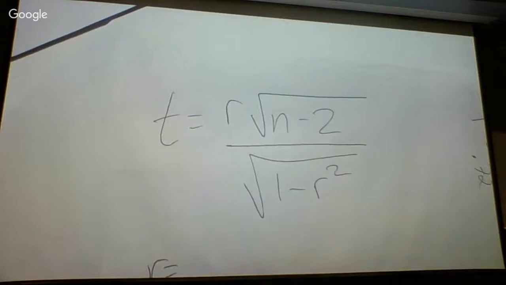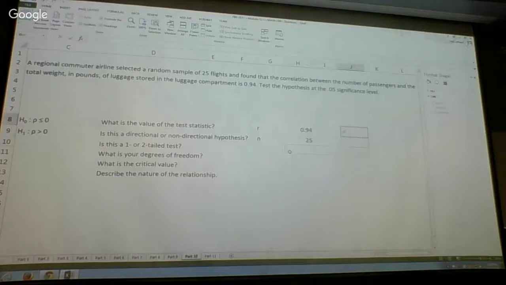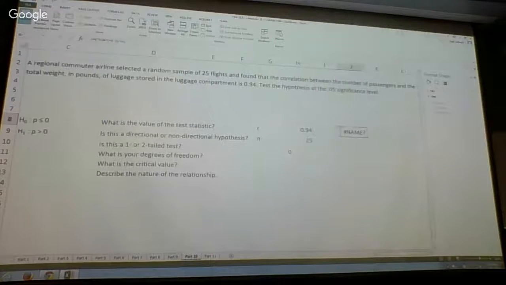I'm going to use this formula to calculate my test statistic T, otherwise known as R times the square root of N minus 2, divided by the square root of 1 minus R squared.